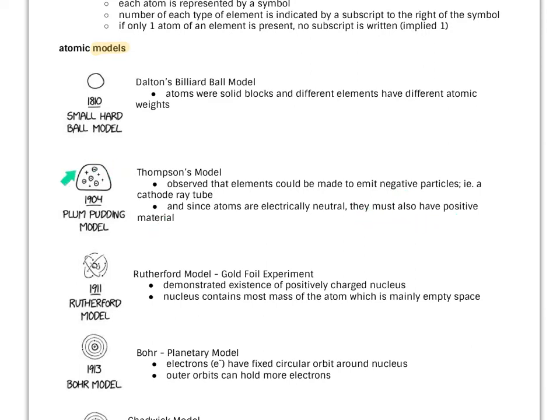So he thought it was just kind of a glob. The atom was a glob, and it had some negative and some positive particles. That's what it was, like an equal number of those. And that's why it was neutral. And then only a short 7 years later, in 1911, Rutherford came up with his gold foil experiment.